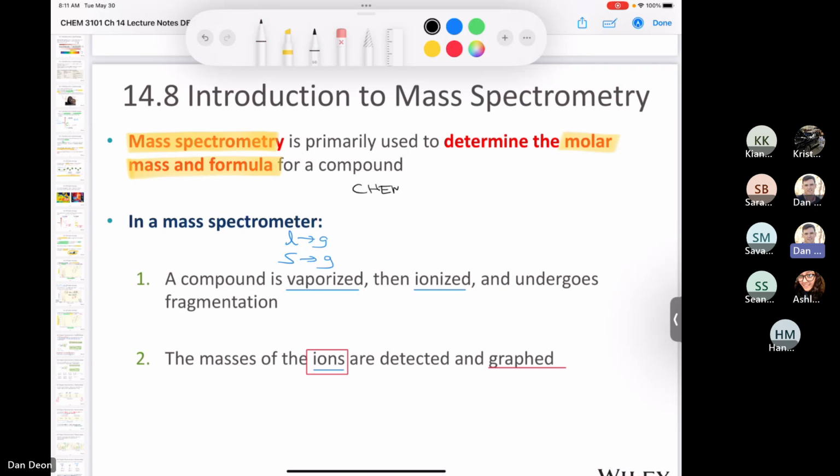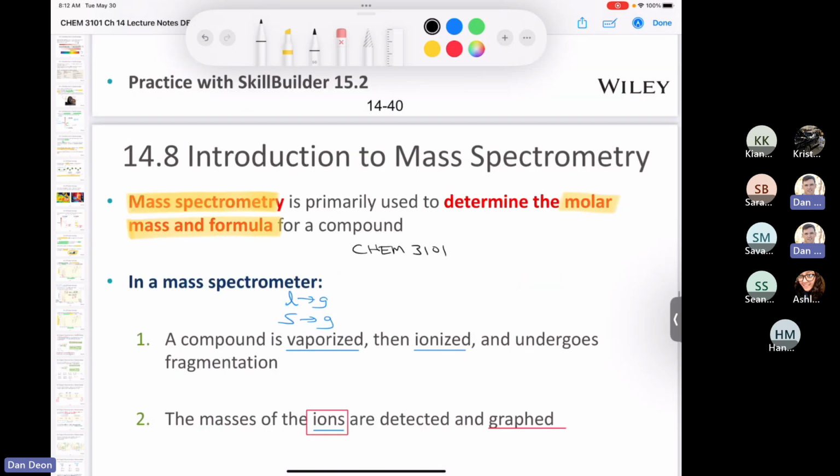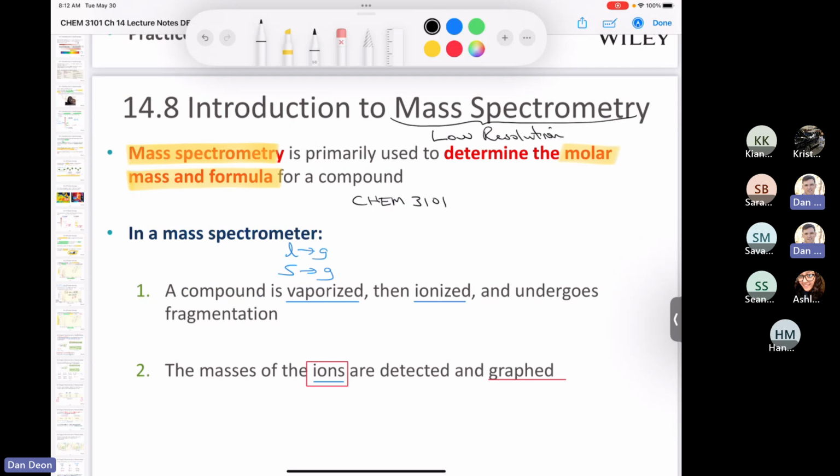The kind of mass spectrometry that we do in this class, okay, is what they call low resolution. So write this down, okay? In Chemistry 3101, we study low resolution mass spectrometry, no exceptions to that. If you're in Mr. Geiger's lab course right now, and he's talking about mass spectrometry, it would be the same thing. We only talk about low resolution.